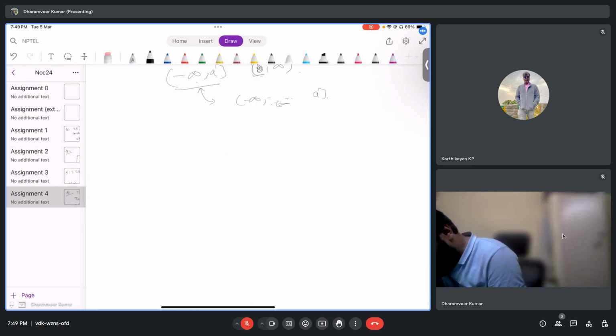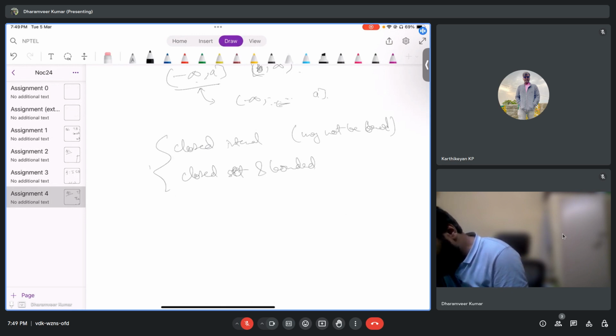So a closed interval may not be bounded. Closed set and bounded.